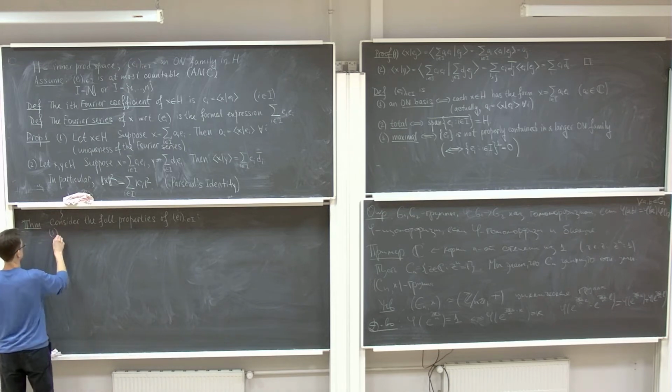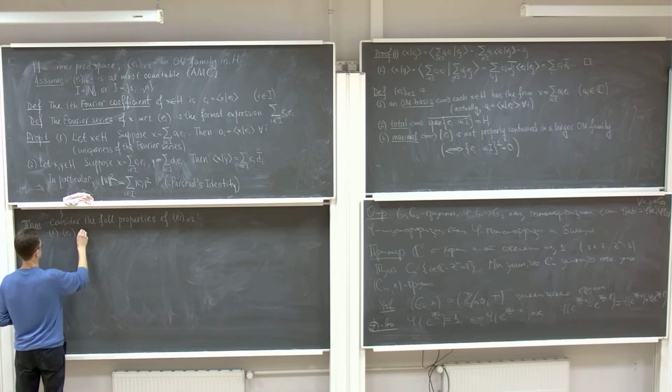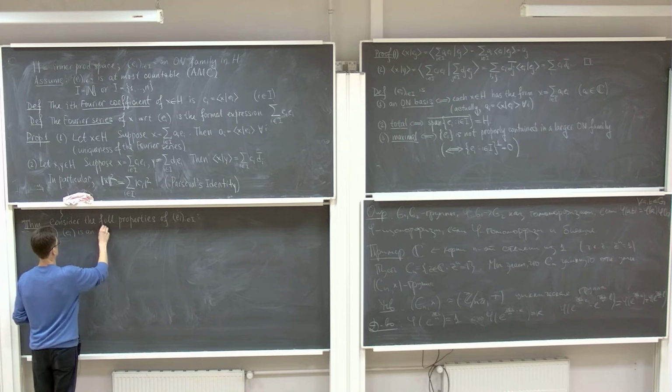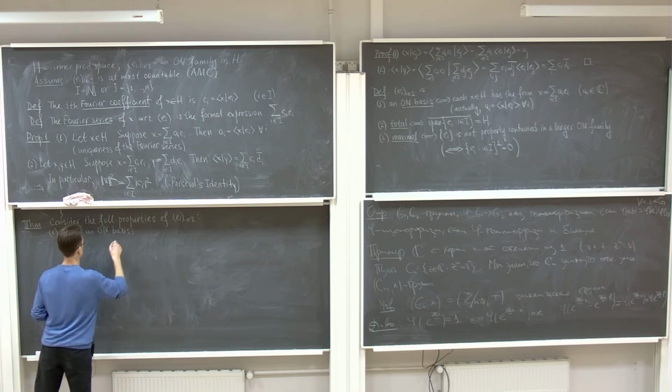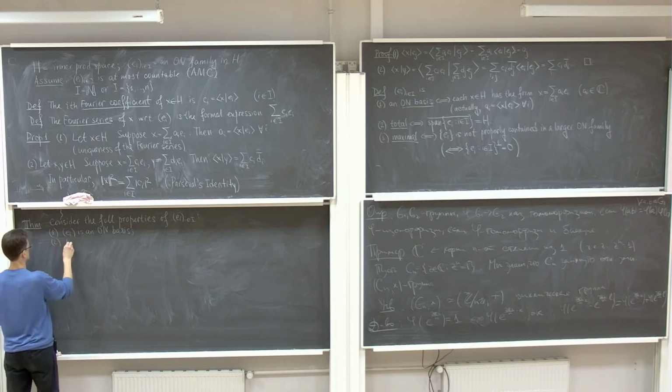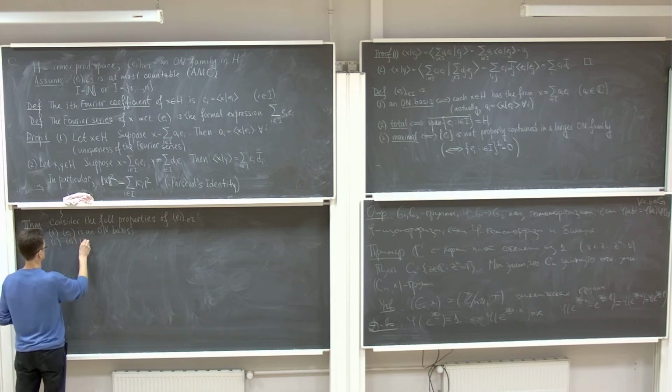Property 1, e_i is an orthonormal basis. Property 2, e_i is total.